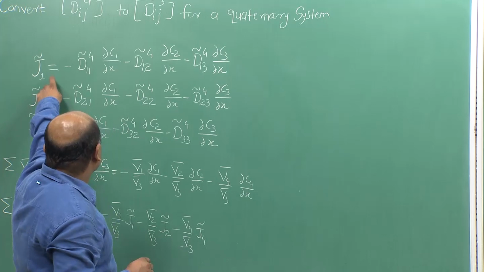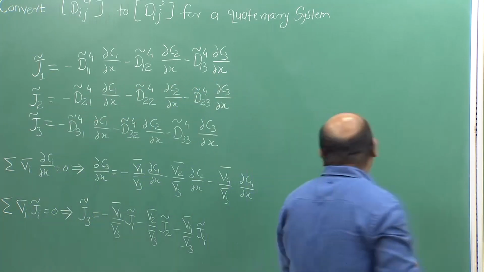Let us take the expression for J1 tilde and substitute for the gradient of 3.